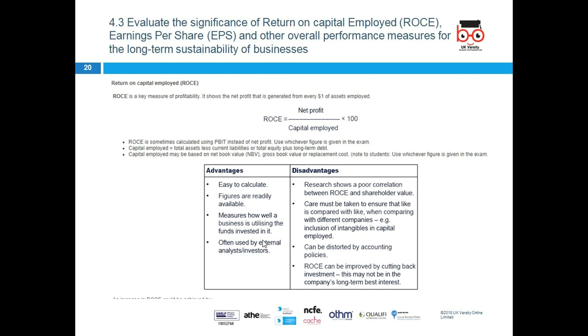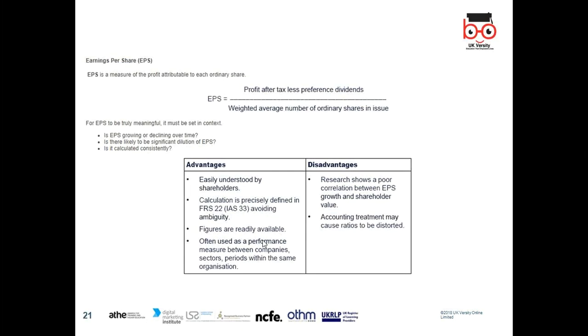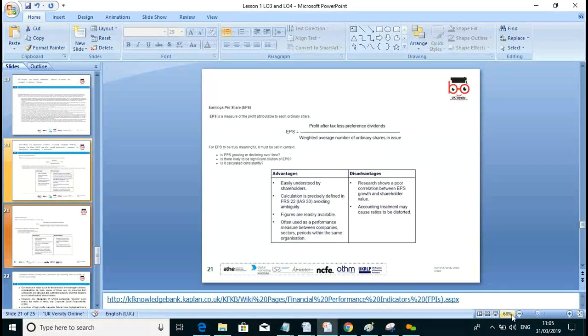Venezuela is struggling. They are rich in oil, but they can't afford to provide food for their public, due to poor management or utilization of resources. Research shows poor correlations, and there are advantages and disadvantages, which we will go through next.